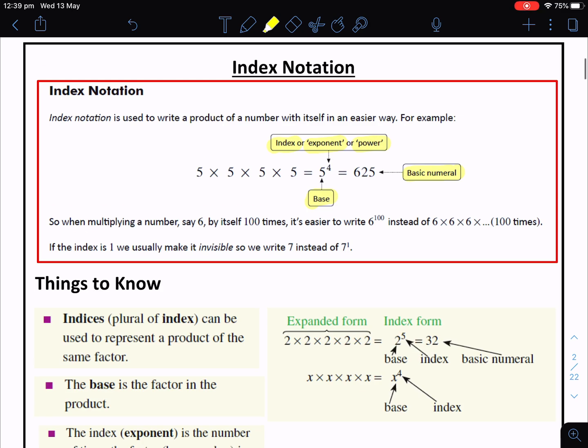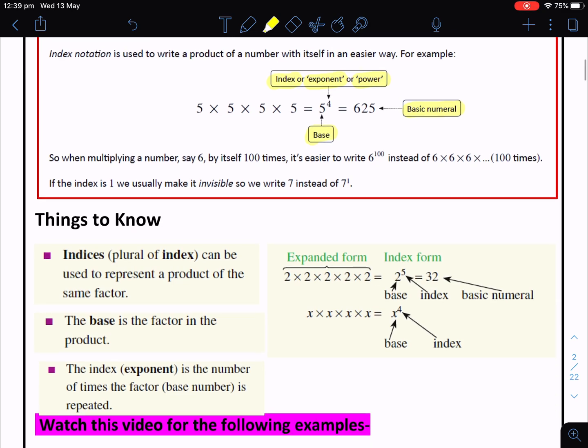Having a look down here at our things to know, indices is the plural of the word index, and it can be used to represent the product of the same factor. The base is the factor in the product, and the index or exponent or power is the number of times the factor, the base number, is repeated. For example, over here we have the index of 2 to the power of 5.